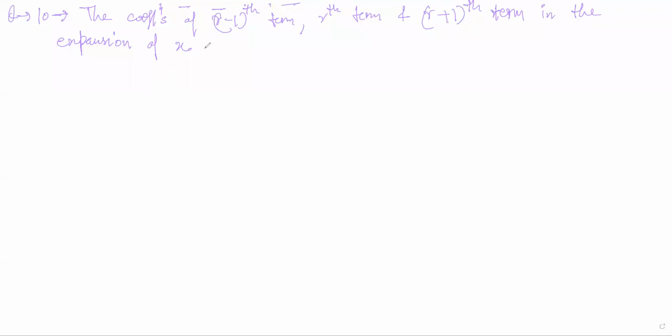The coefficients of R minus 1th term, Rth term, and R plus 1th term in the expansion of x plus 1 to the power n are in the ratio 1:3:5. Find n and r.